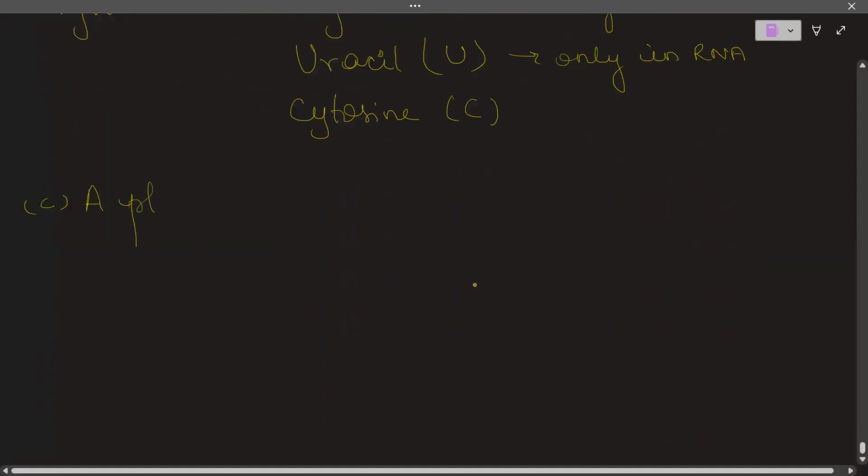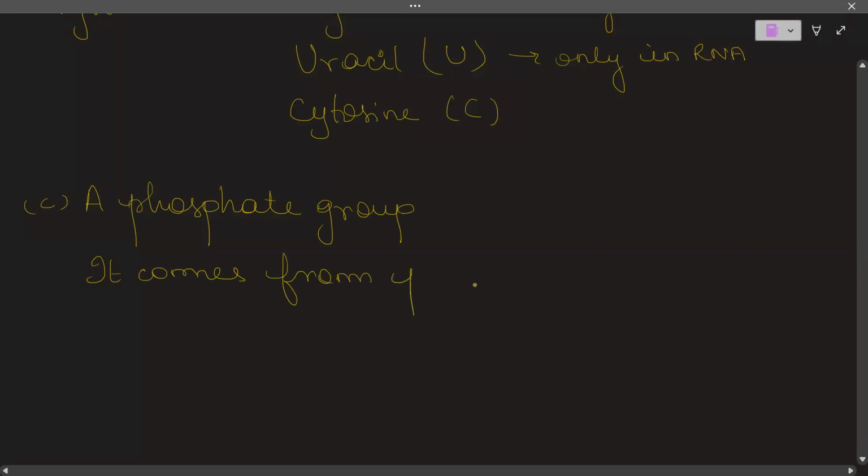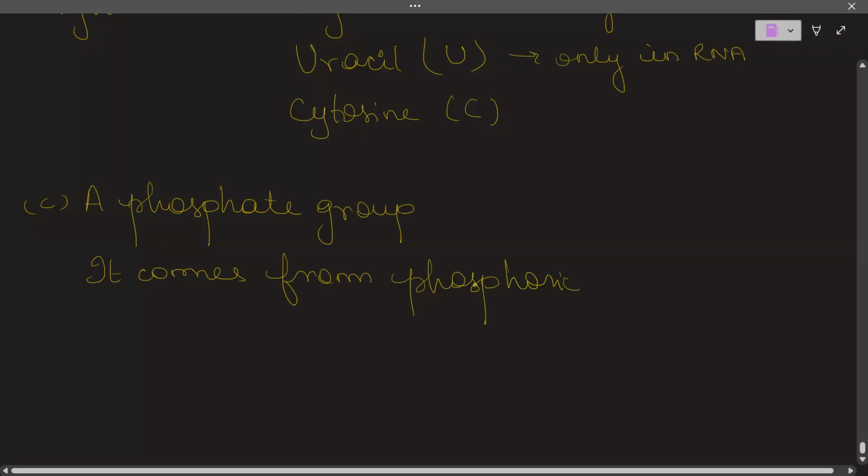Now the third thing that I discussed was a phosphate group. This phosphate group comes from phosphoric acid. Who knows the formula for phosphoric acid?